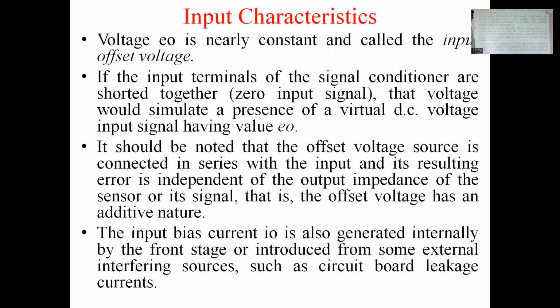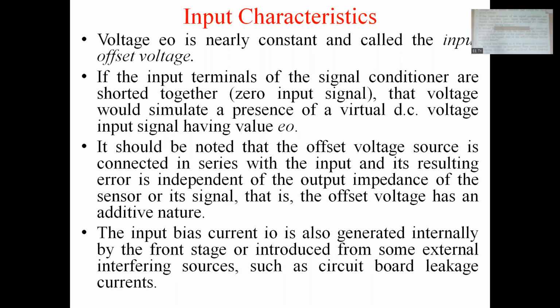So it should be noted that the offset voltage source is connected in series with the input and its resulting error is independent of the output impedance of the sensor or its signal.